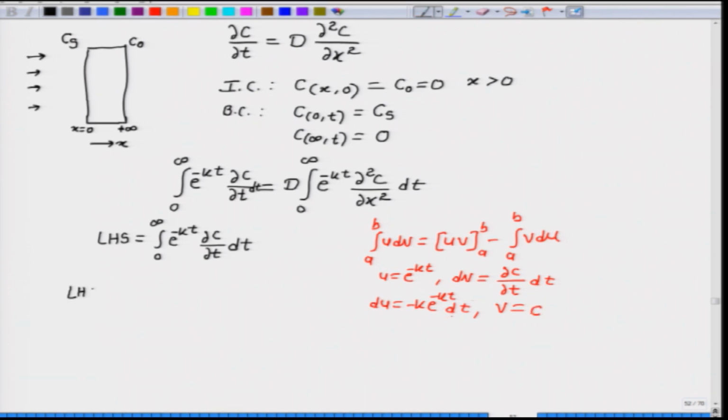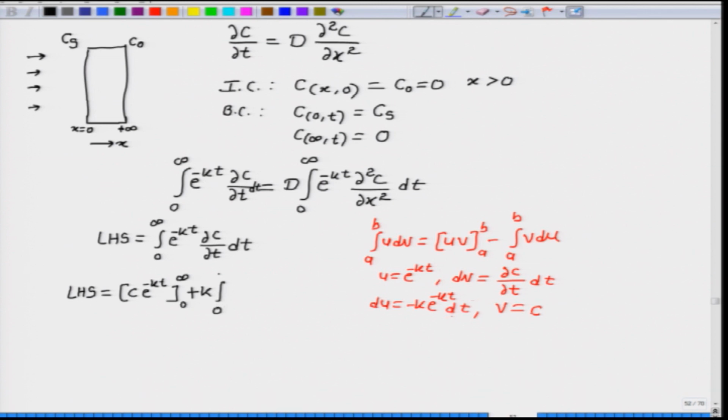So, by solving integration by parts we get LHS is equal to u times v, so c times e to power minus k t from 0 to infinity, minus integral v du, where v is c and du is minus k e to power minus k t. So, two minus signs will get cancelled, plus k is outside the integral because it is constant, not dependent on time.